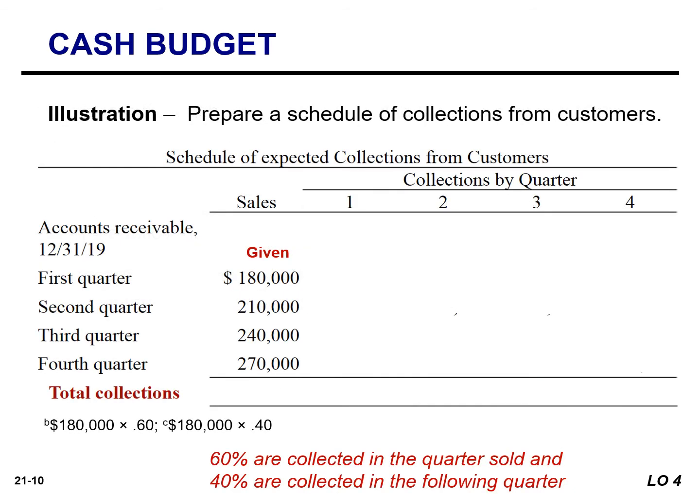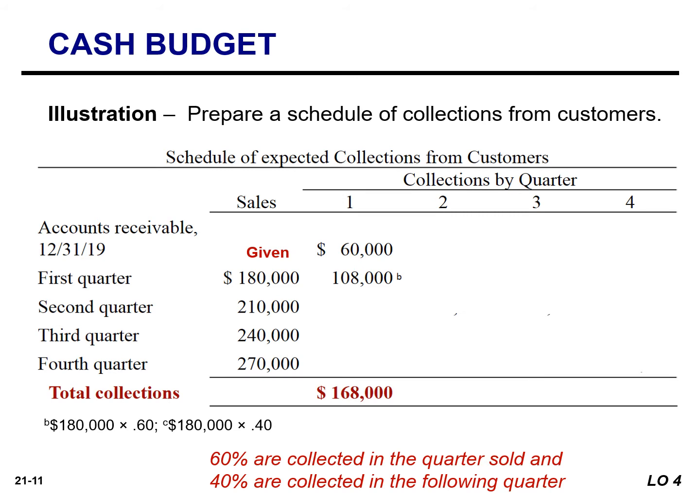In the first quarter, Hayes collects the $60,000 that was outstanding at the beginning of the quarter, as well as an additional $108,000, which is calculated by taking the $180,000 of Q1 sales and multiplying that by 60%, so that the total receipts in the first quarter are $168,000.